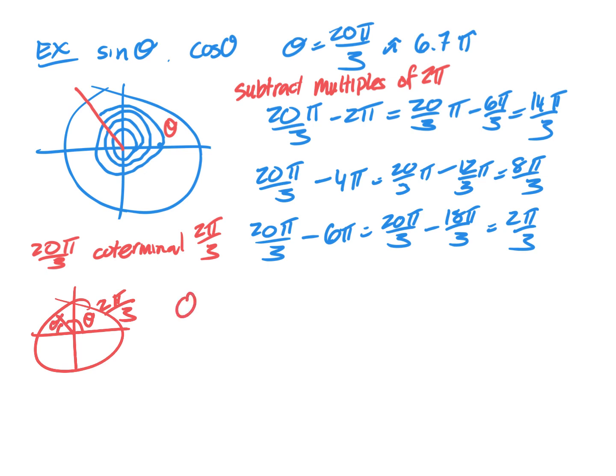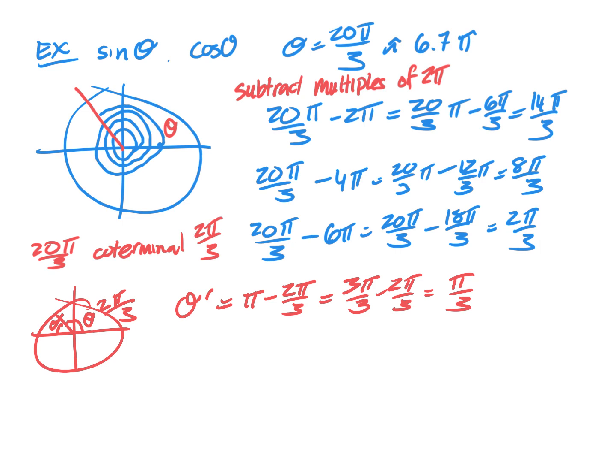So our theta prime is going to be pi minus 2 pi over 3. So we get 3 pi over 3 minus 2 pi over 3, or just pi over 3. That's our reference angle theta prime.